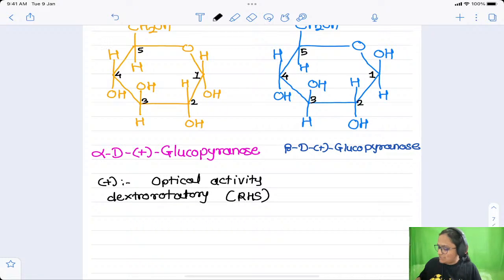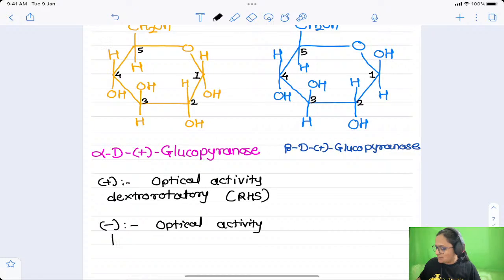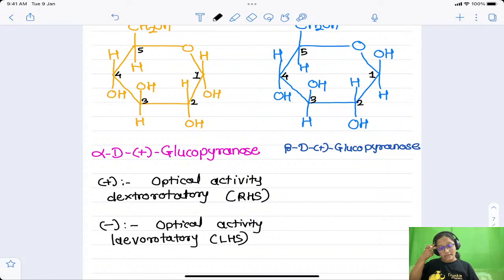And a minus sign is also related to optical activity, optical isomerism. A minus sign means it is levorotatory. Levorotatory stands for left hand side rotation or anti-clockwise rotation, right?